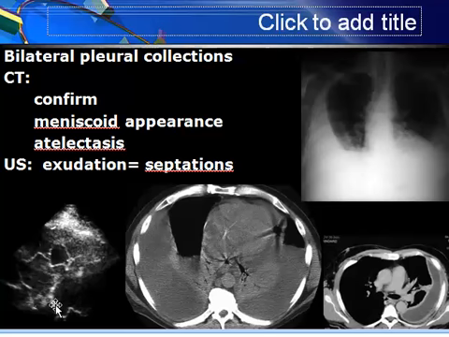Ultrasound shows the septations better. CT is better to show early effusions and to diagnose empyema by three signs: split pleura, thick pleural outline, and the presence of loculations.